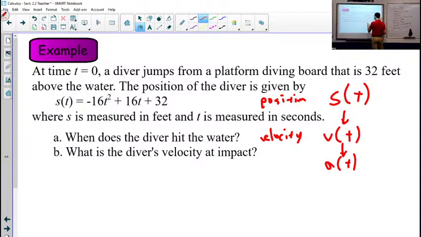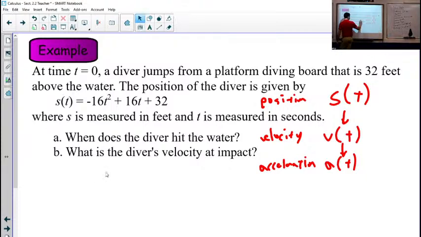So if I take the derivative of position, I get velocity. If I take the derivative of velocity, I get acceleration. Usually we use S to stand for position.